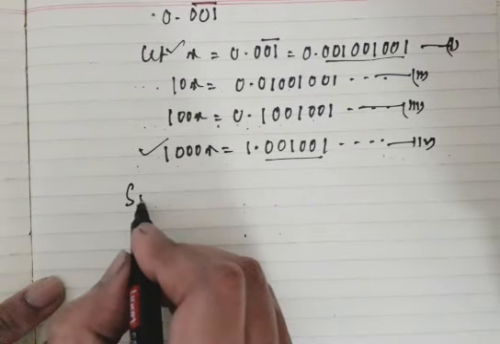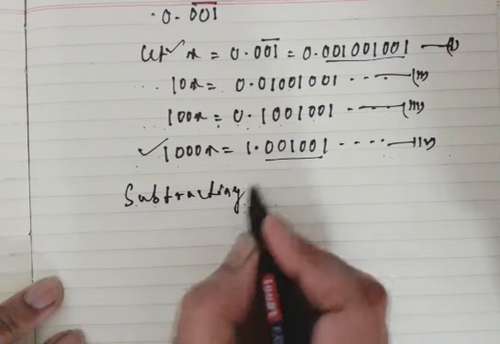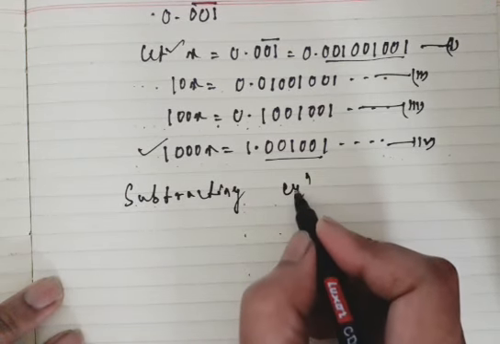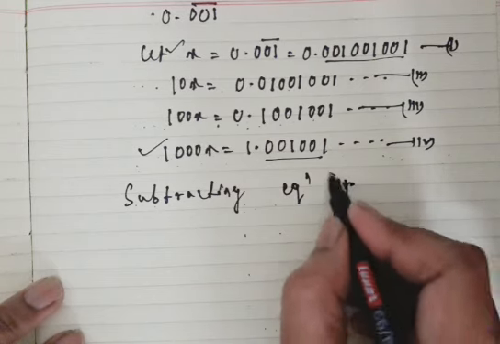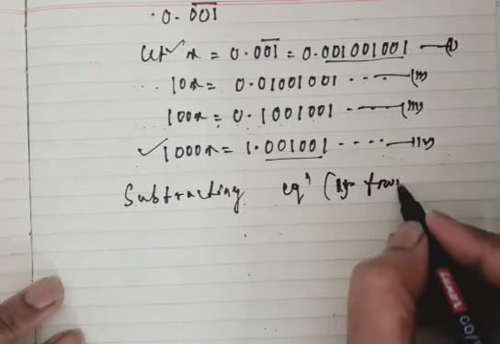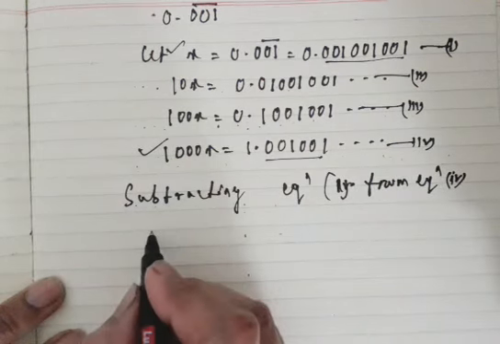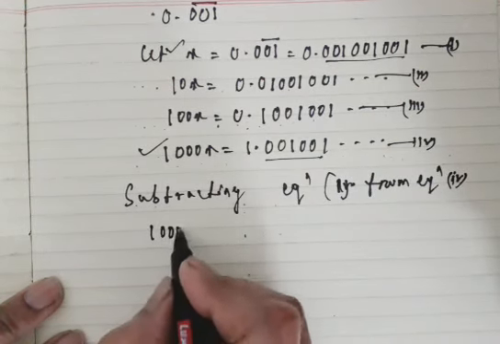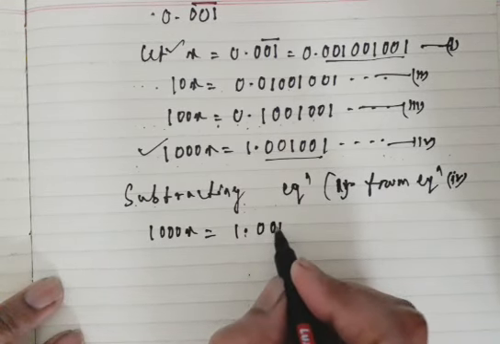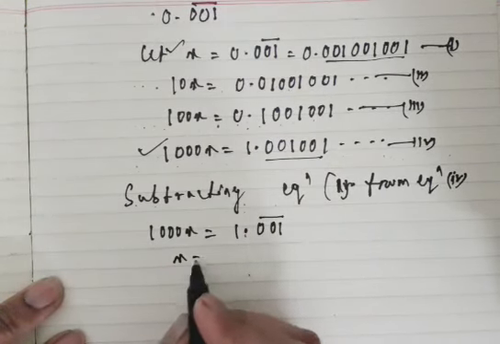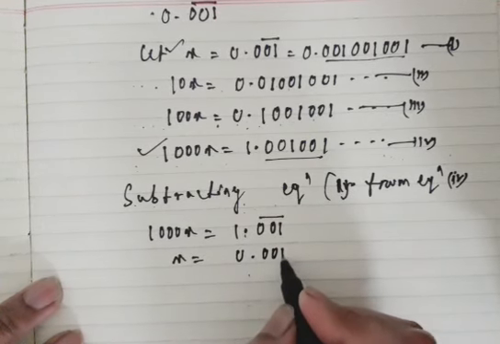So let us write that, subtracting equation 1 from equation 4. Now 1000x equal to 1.001 bar and x equal to 0.001 bar.